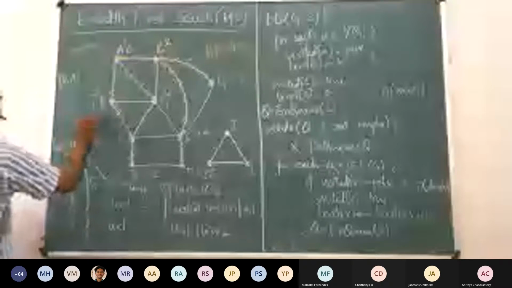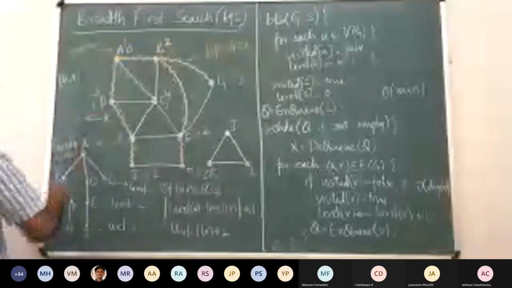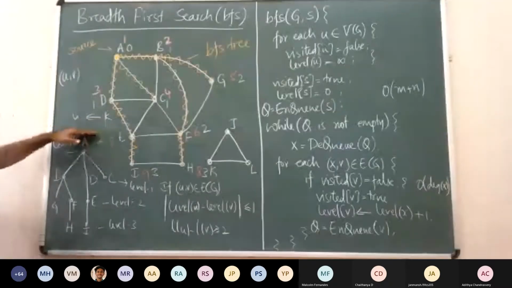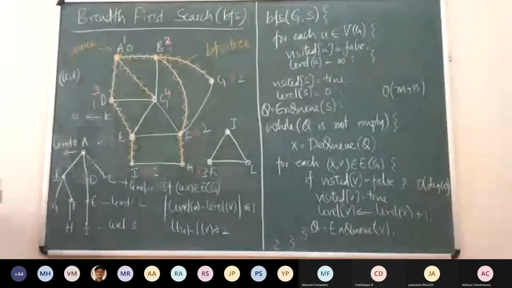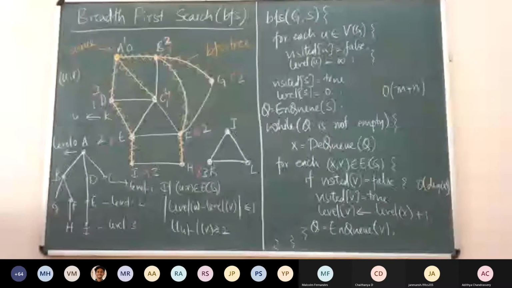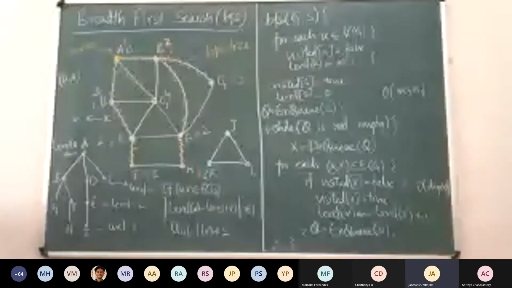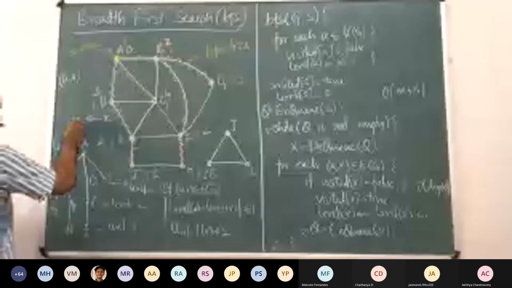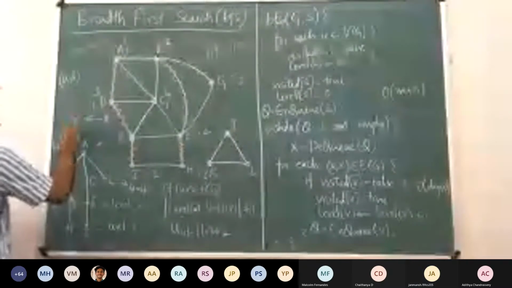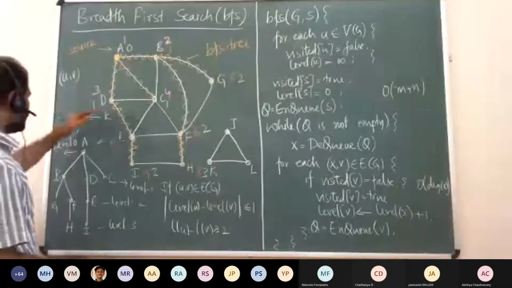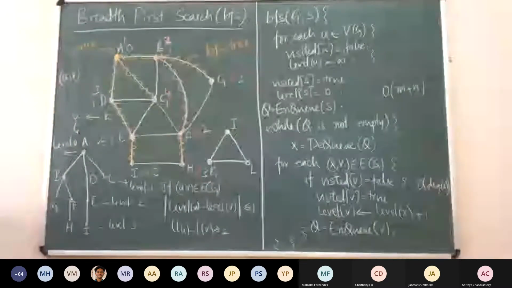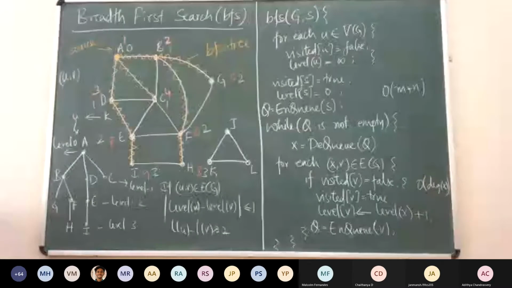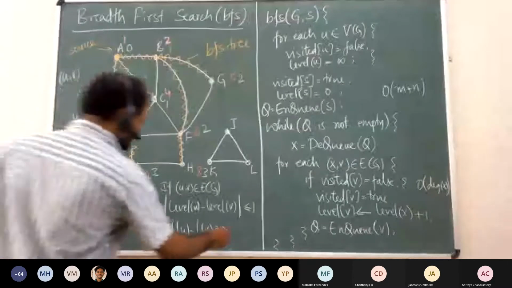We will never go to any vertex in level k plus 1 before exploring all the neighbors of vertices in level k. So when we are exploring that, if v was there, it would have been explored at level either k or k plus 1. It would never go to level k plus 2, so that's why this is not possible.